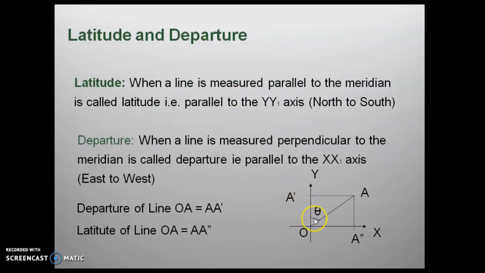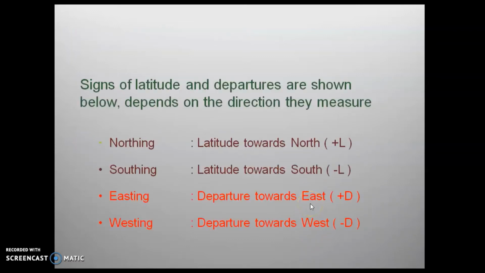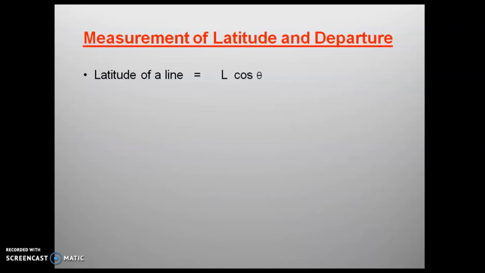This is a bearing, and from here to here, OA, is the length of the line, and theta is the bearing with respect to the meridian. Now with respect to the length and bearing, you can calculate the latitude and departure: L cos theta and L sin theta.